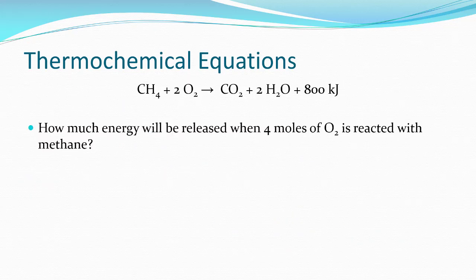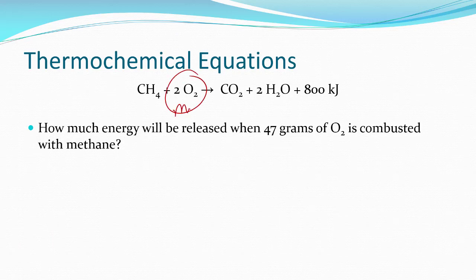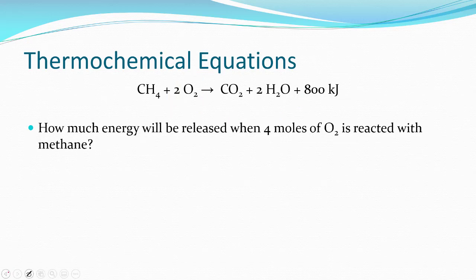How much energy will be released when 4 moles of O2 react with methane? Well, we're doing the same thing. If you look right here, for every 2 moles of O2, I will release 800 kilojoules. Sorry, I'm on the wrong one. So, right here, every 2 moles, 800 kilojoules.